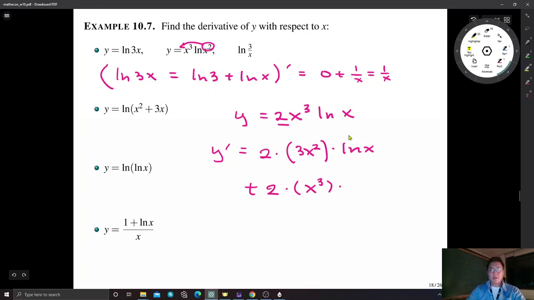That is 1 over x. So I have 6x squared ln x plus x cubed times 1 over x. So I have to reduce down the power by 1. So 2x squared.